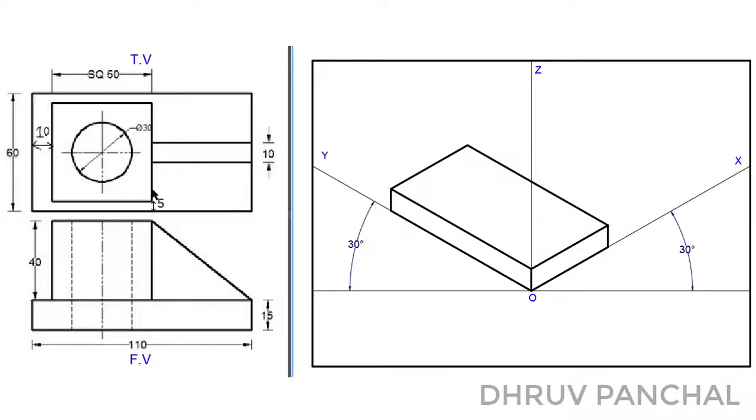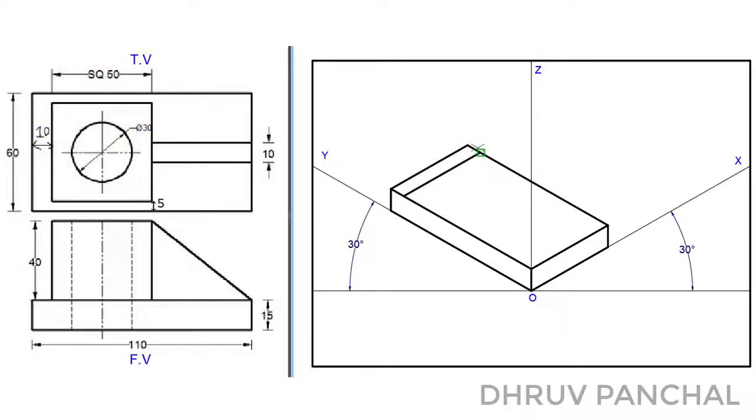Now, let us observe the dimensions of the square box, which is 50 mm, and one edge is 10 mm away from the rectangular base and two edges are 5 mm away from the rectangular base. With the help of a roller scale, draw a line parallel to line OX at a distance of 10 mm as shown.